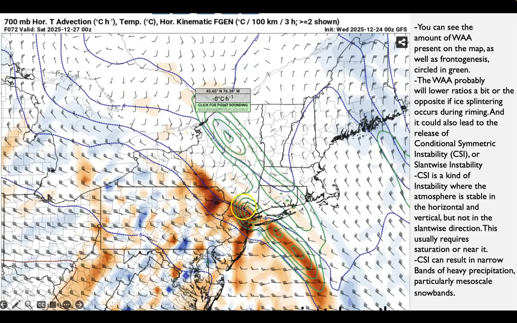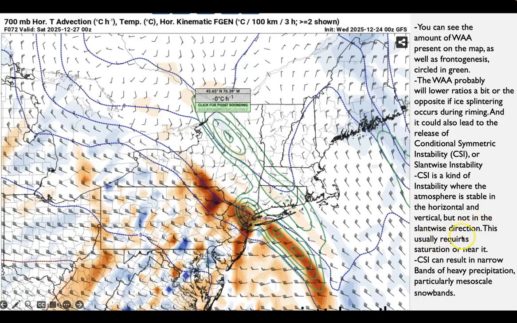Here's the warm air advection that I was telling you about. That's going to add moisture. Frontogenesis as well. That's going to help promote snowband formation. And then there's also conditional symmetric instability. It's a kind of instability where the atmosphere is stable in the horizontal and the vertical, but not in the slantwise direction.